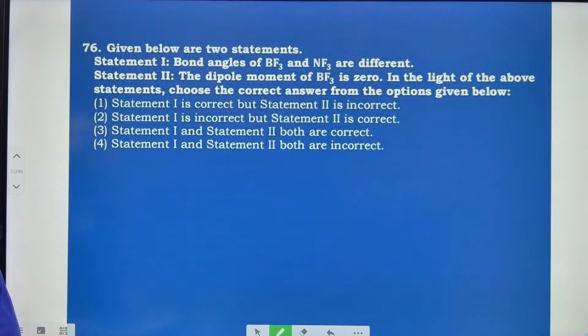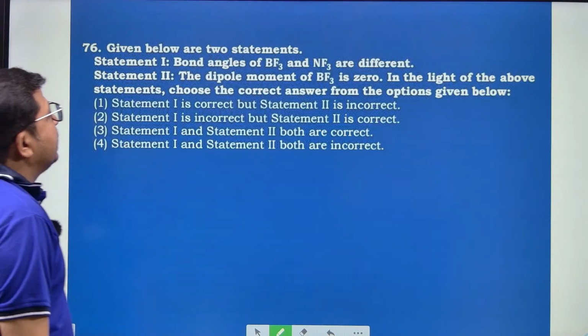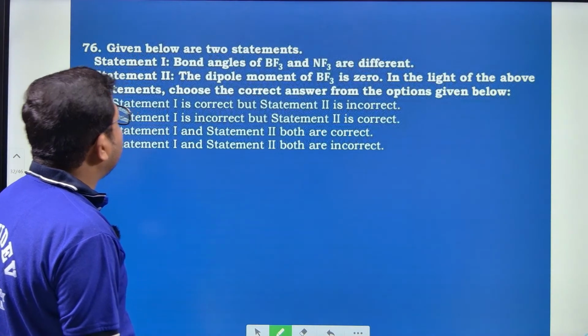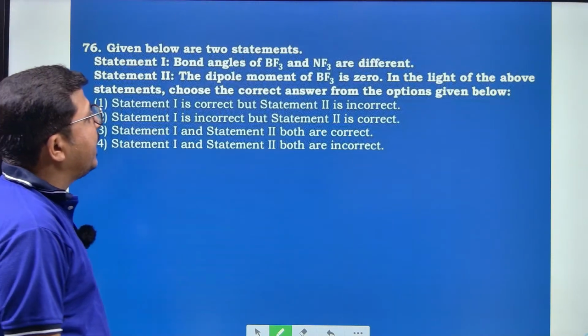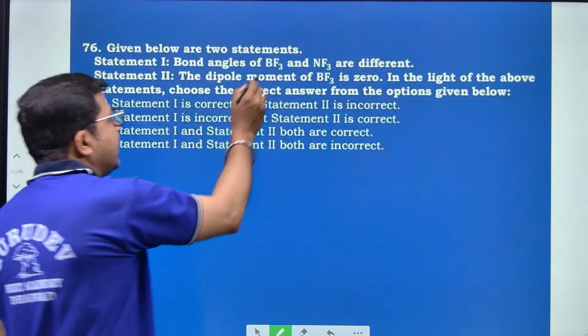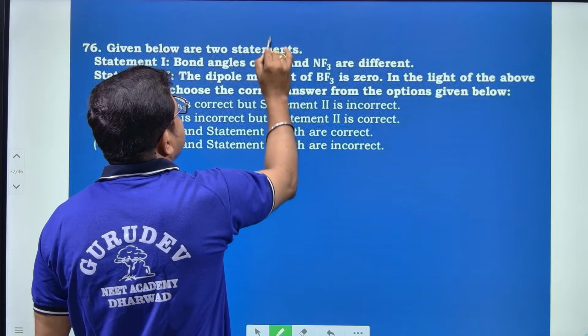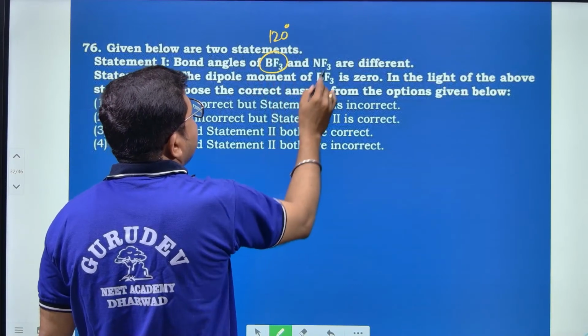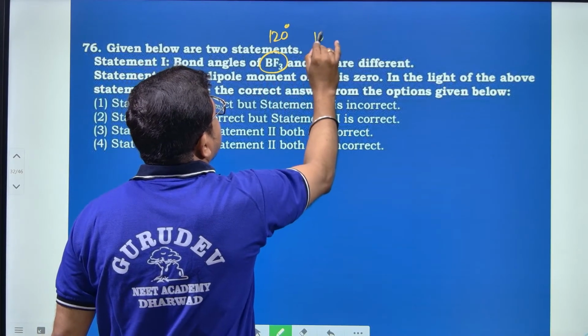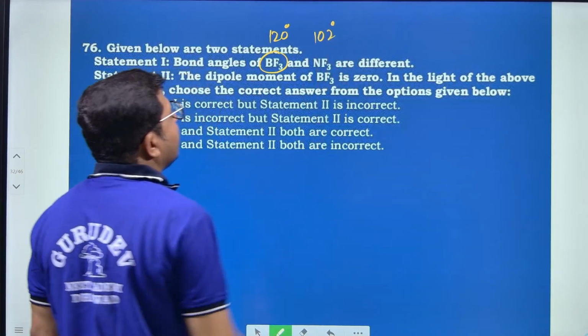Okay, next, given below are the two statements. Statement 1: bond angle of BF3 and NF3 are different. Exactly, the bond angle of BF3 is 120 degrees and the bond angle of NF3 is 102 degrees.